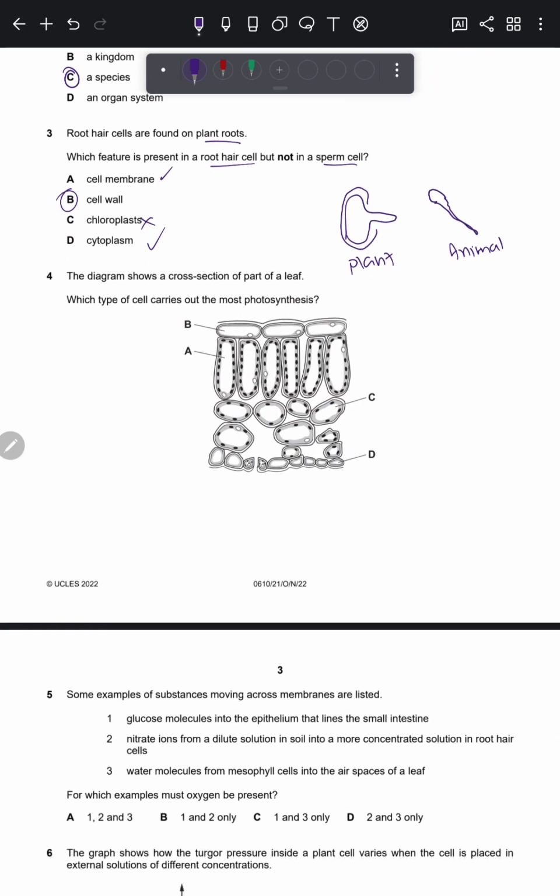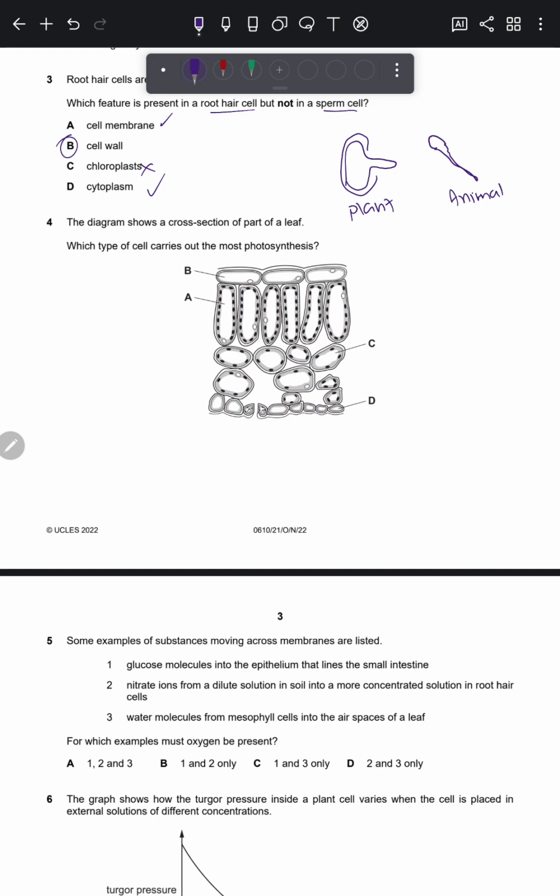wall. Okay, question 4. The diagram shows a cross-section of a part of a leaf. Which type carries out the most photosynthesis? Photosynthesis happens by chloroplasts, and most chloroplasts are clearly evident in these plants, and you have to know that this layer is called a palisade mesophyll layer.